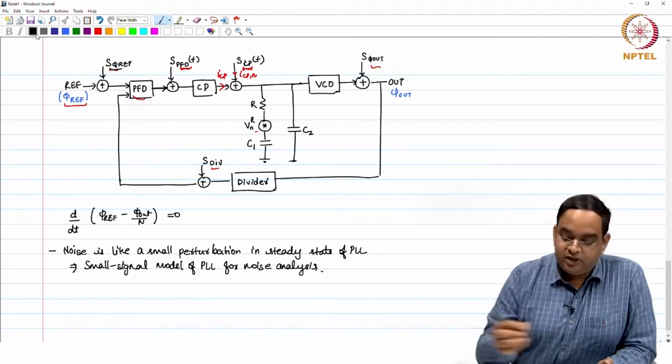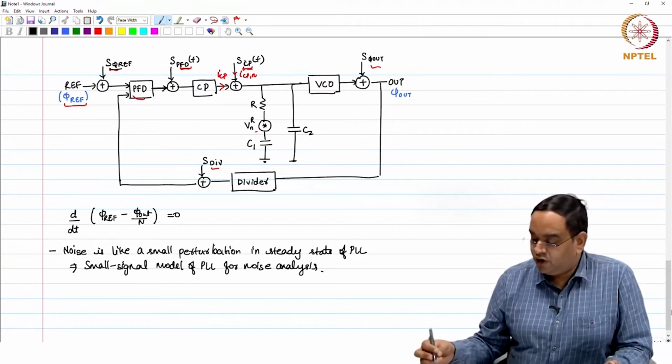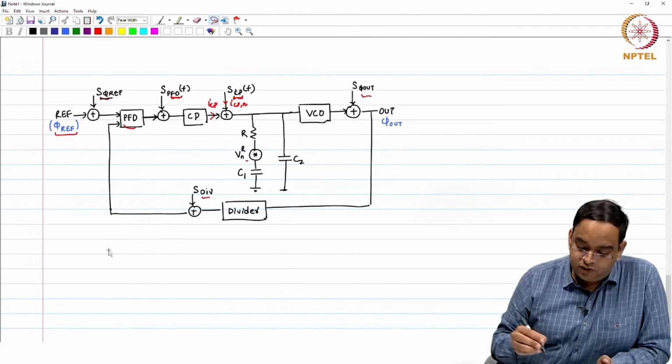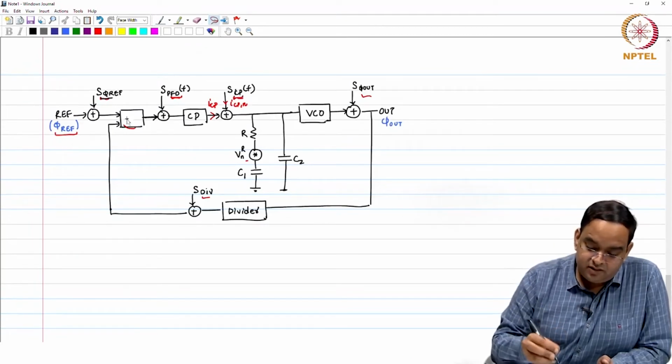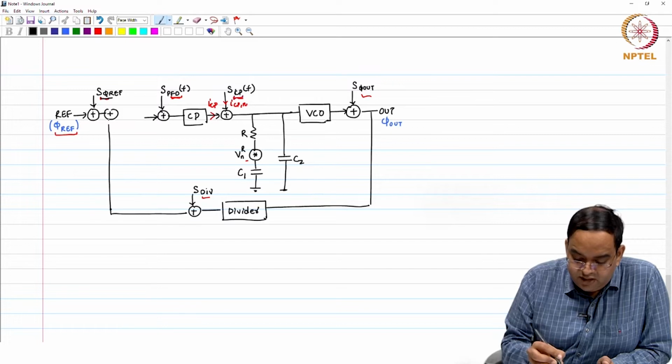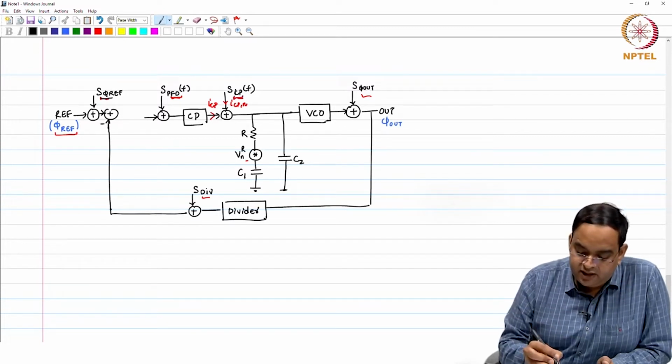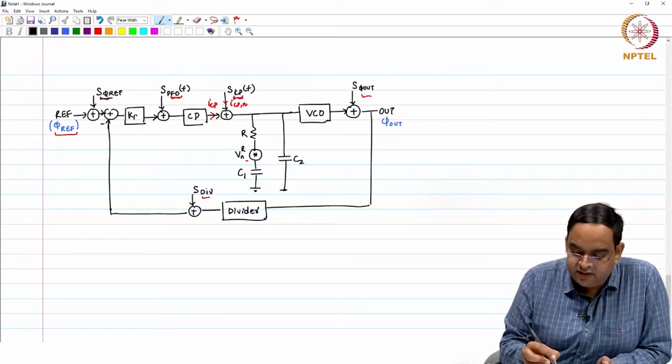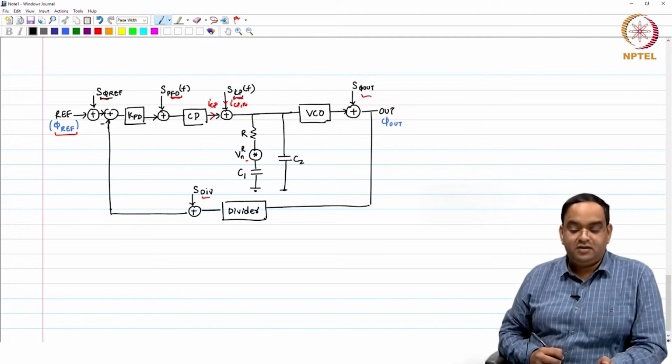If you look at the small signal model of this PLL, the PFD is finding the phase error between the input and the feedback, and that is multiplied by K_PD, which is the gain.